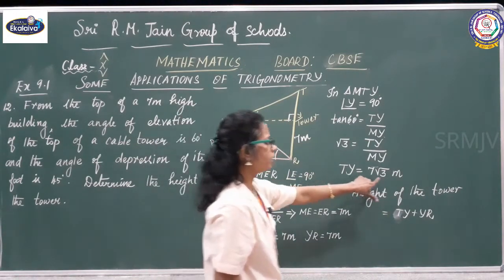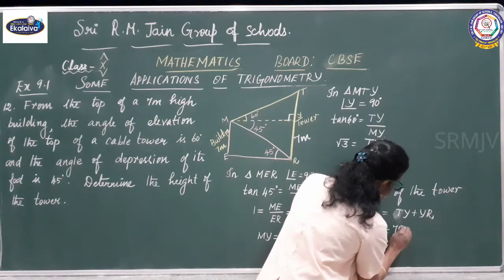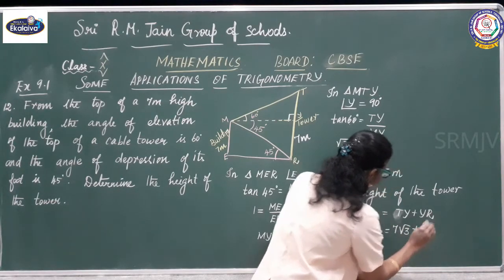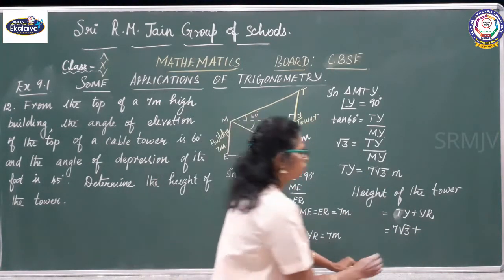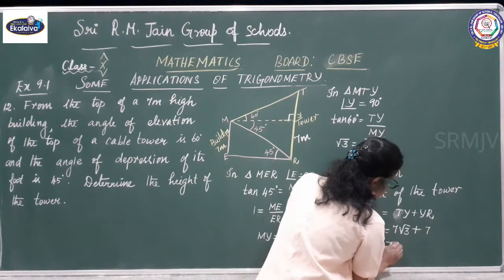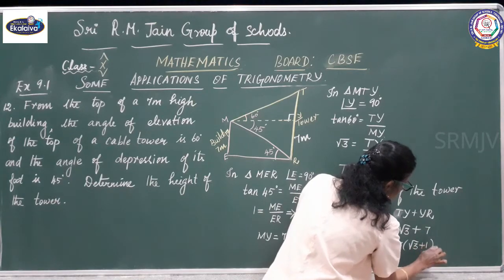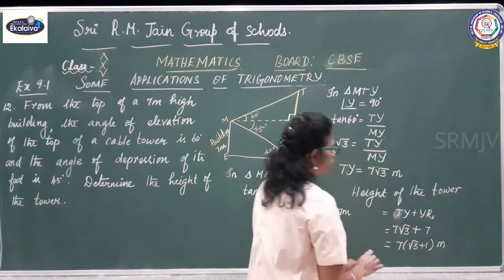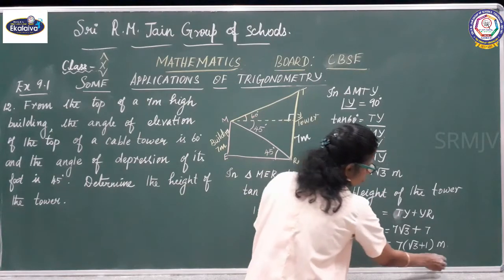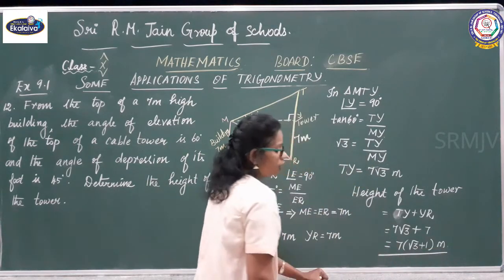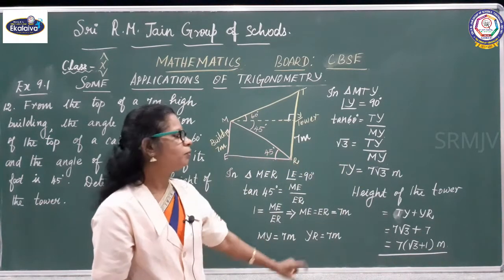What is TY? 7 root 3. What is YR? 7. Which is common? 7 is common. Root 3 plus 1 meter. The height of the tower is 7 times root 3 plus 1 meter.